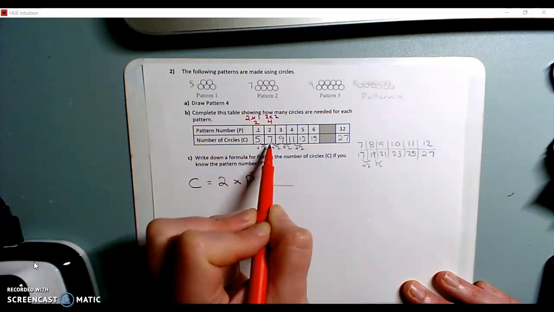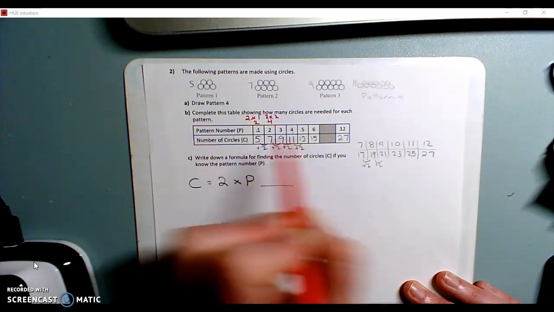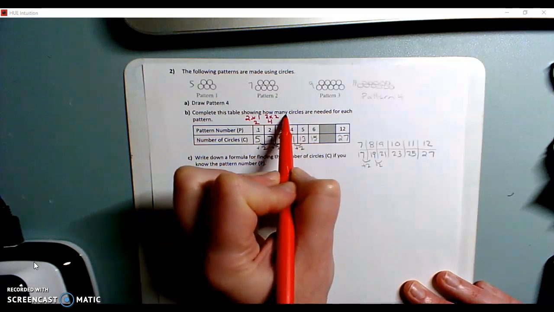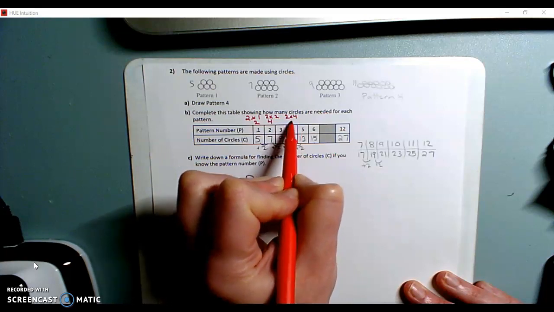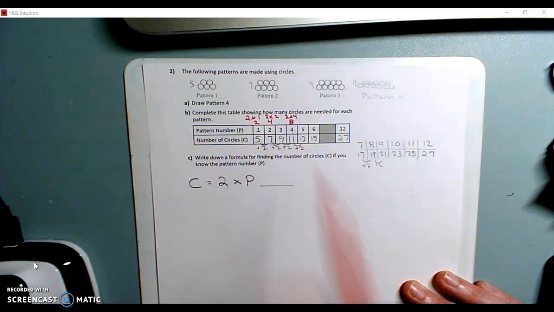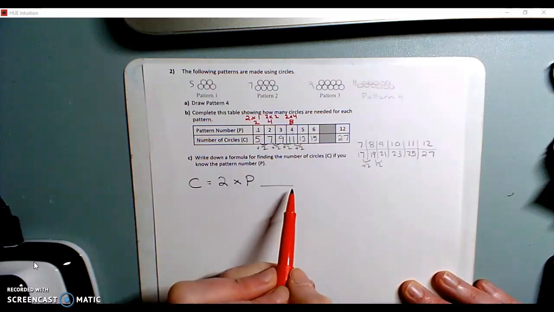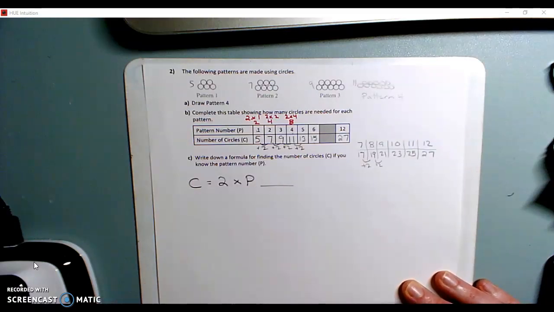But that's not how many circles I had, 7. We can do another one. I'll do pattern 4. If I take 2 and multiply it by 4, I should have 8 circles, but I actually have 11. So there is something else happening here. After I times it by the pattern number, I need to either add or subtract something on.